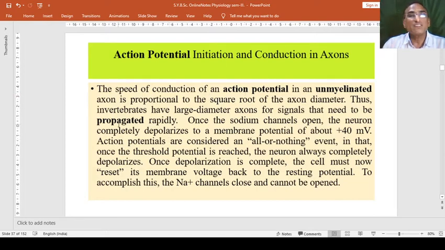Thus, invertebrates have large diameter axons for signals that need to be propagated rapidly, and therefore the action potential takes place rapidly. Once the sodium channels open, the neuron completely depolarizes.